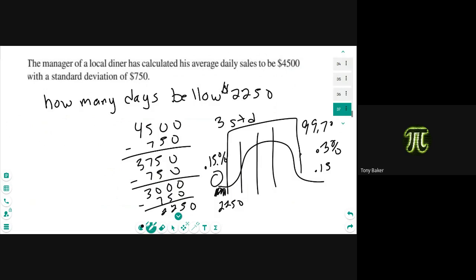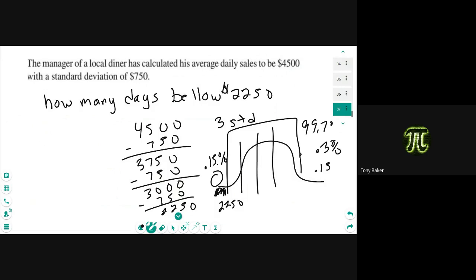The rule, we could pretty much say 0.15% of the time, it's more than 3 deviations away. All right, so now, what's 0.15% of 365 days? It's 0.547.